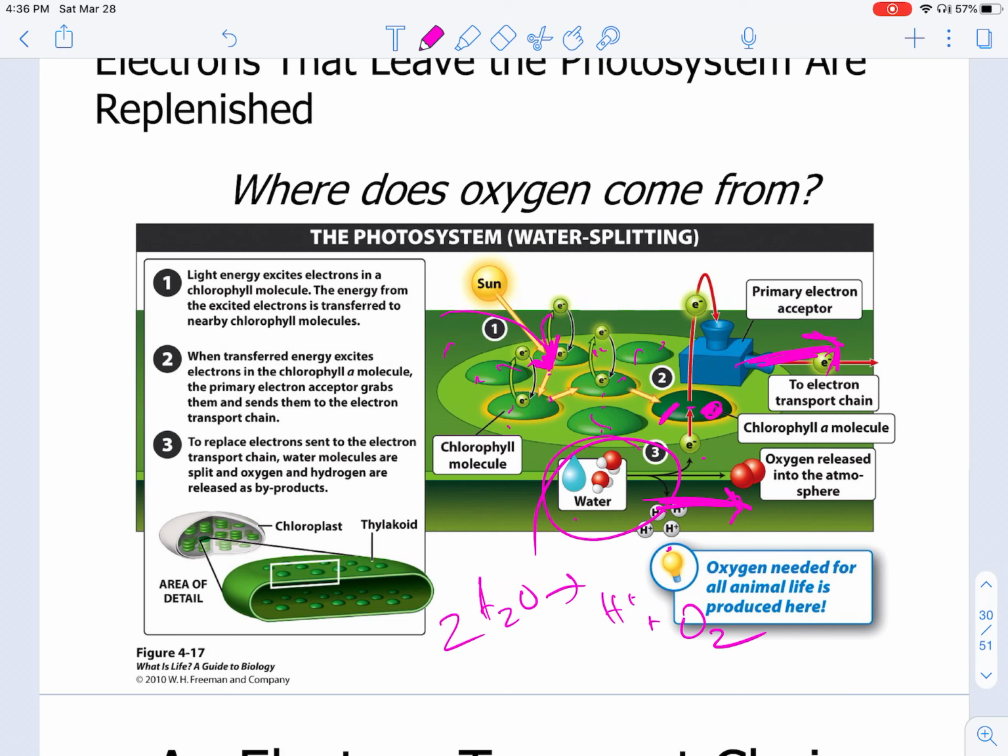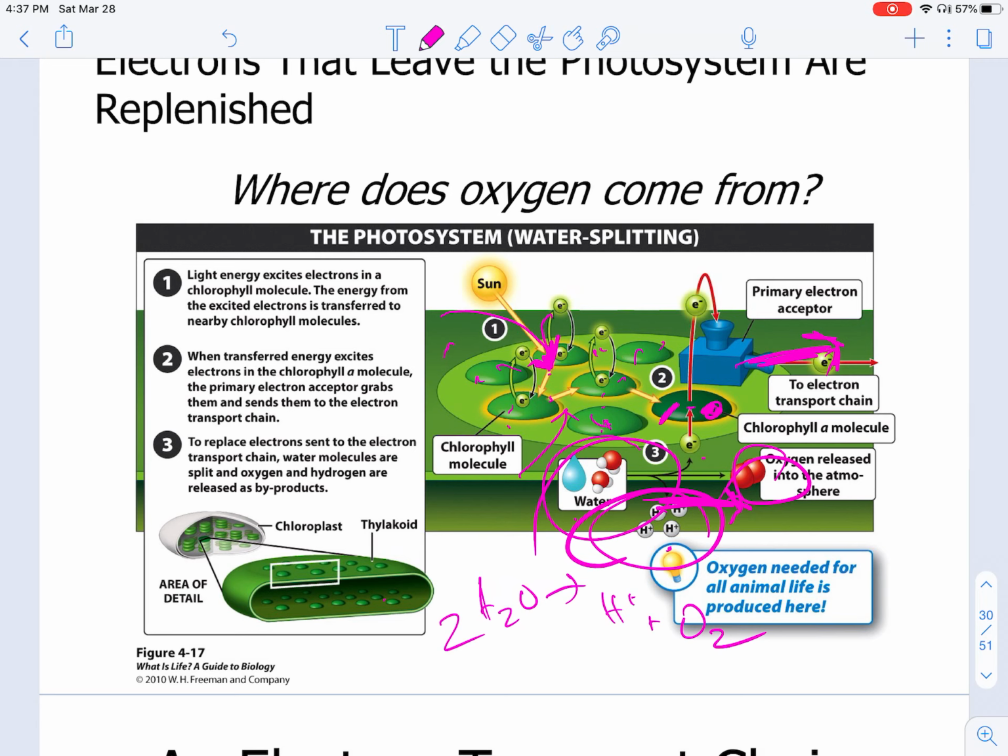The electrons will go to the antenna system to restore the missing electron. The protons stay inside the thylakoid, and then this molecular oxygen is produced as a waste product, right? So we get the oxygen that plants produce as waste from the splitting of water to restore electrons into the antenna system once those electrons have come out.